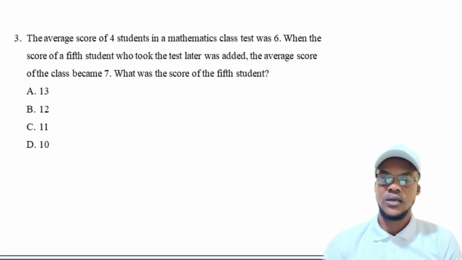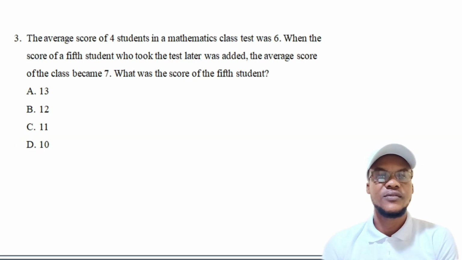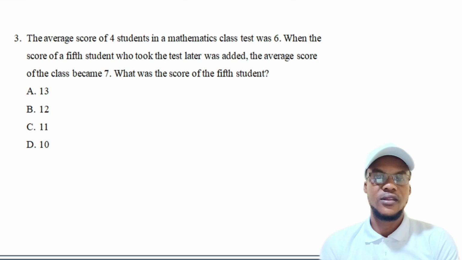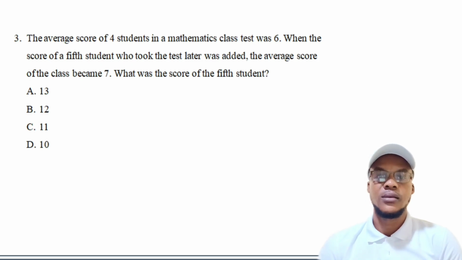Good. So for question three, we are saying that the average score of four students in a mathematics class test was 6. When the score of a fifth student who took the test later was added, the average score of the class became 7.